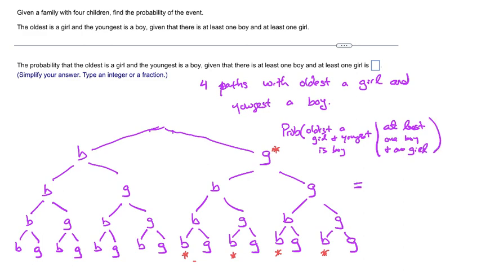Then this will be the number of outcomes that we want, where we've already said that there are 4 paths with the oldest being a girl and the youngest being a boy. And then our number of paths where we have at least one boy and one girl is all 14, where we've excluded the all-girl path and the all-boy path. So our denominator will be 14. And so if we cancel a factor of 2, the probability of that happening is 2/7.